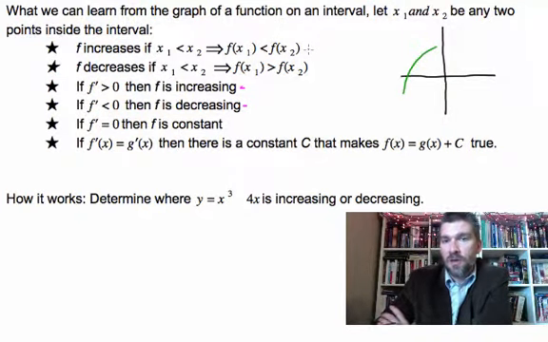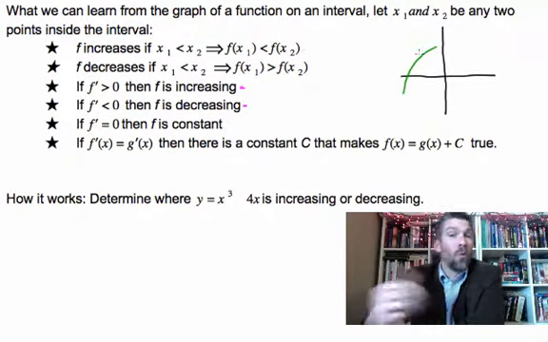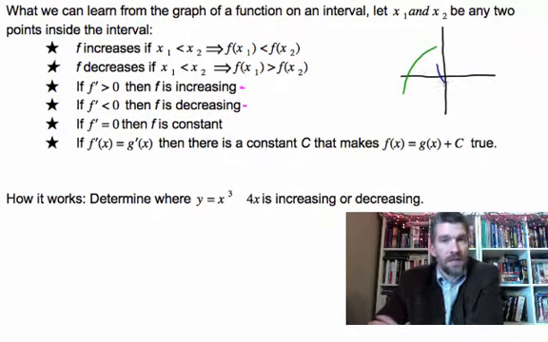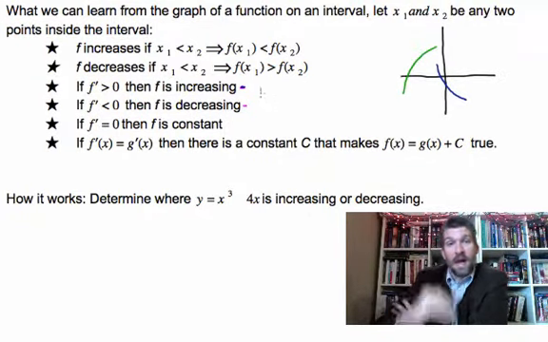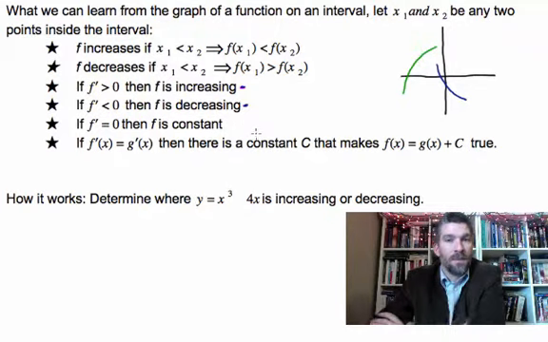And if your x values are always increasing, the matching y values always increase. That's an increasing function. f decreases if your x values are always increasing, so you're going from -1 towards 2 towards 10, but your y values now, instead of growing up, are now growing down. And so if that happens, your function decreases.